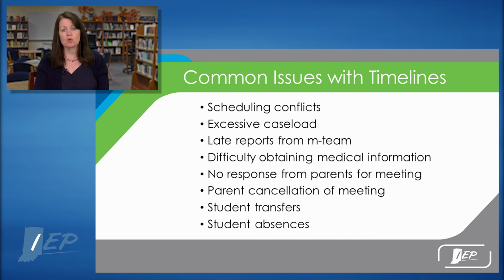That can really shorten your window of opportunity for getting to meet with the student. So think ahead for those kinds of things. Excessive caseloads. When you've got 15 other kids to test before this one, they kind of get pushed back further and further, because you're always trying to meet those deadlines.